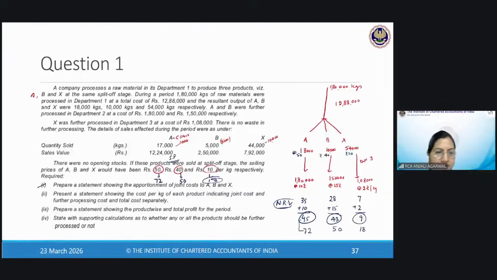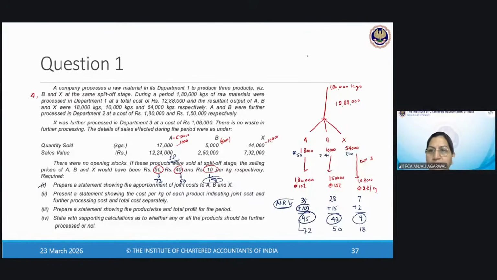One more question it is asking, state with supporting calculations as to whether any or all of the product should be further processed or not. So this calculation somewhere we have done here itself. If you look at this statement, you know what is the selling price at split off point and what is the selling price after further processing. So if you look at product A, you can see that you are getting 22 rupees extra per unit, whereas the post separation cost is only 10.